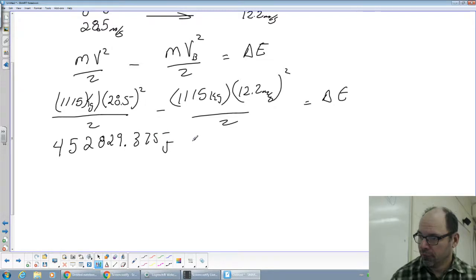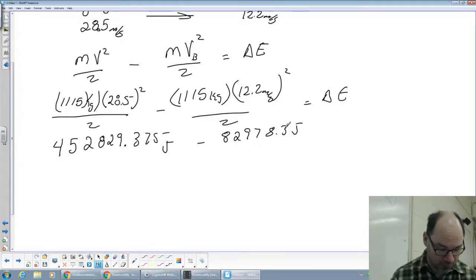And this one here, okay, we get 12.2 squared, times 1115 divided by 2. Let me check the first one, just in case I didn't square it right. 28.5 squared times 1115 divided by 2. Oh, I'm good there.